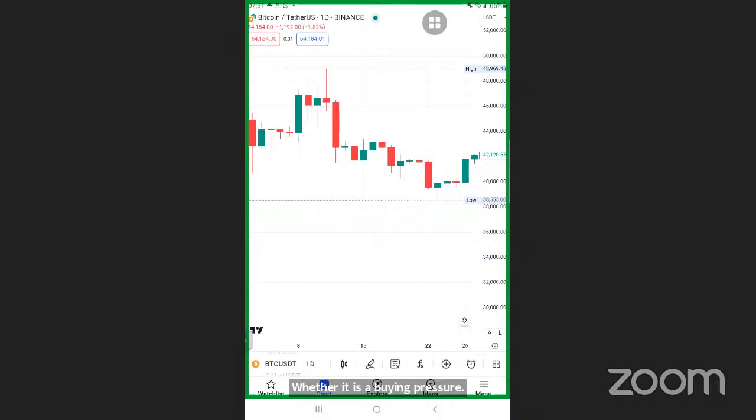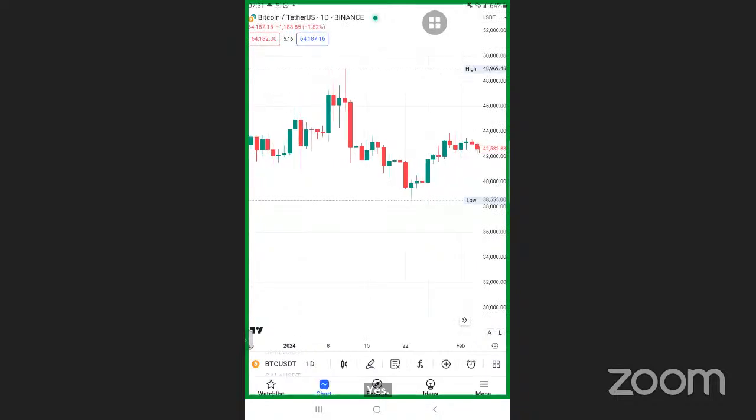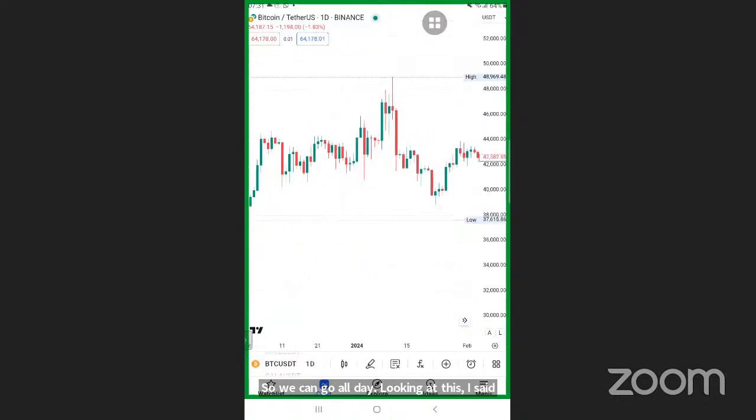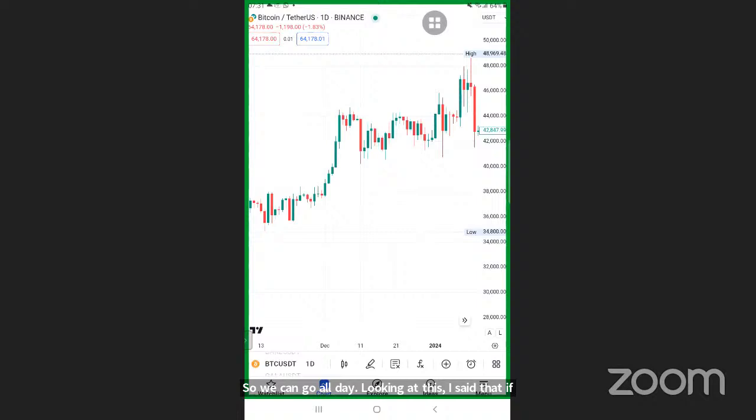I hope you are tracking, ladies and gentlemen. So we can go all day looking at these chart patterns. I said that if you don't see an engulfing bar, you are going to see a family of dojis. If you don't see dojis, you are going to see hammers. If you don't find hammers, you are going to see morning and evening stars.